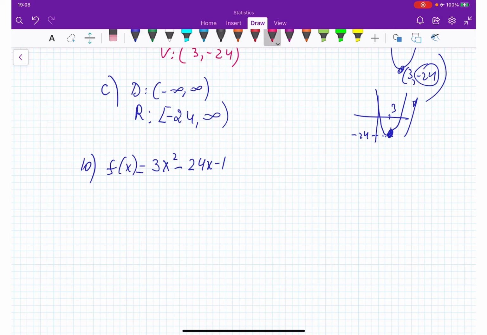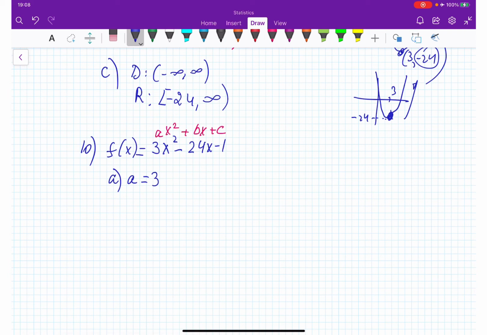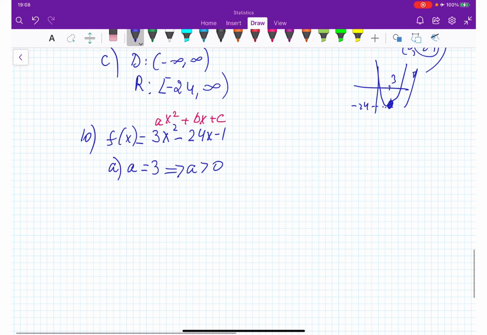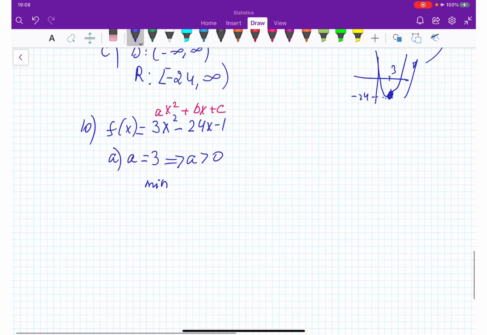So this is again ax squared plus bx plus c. So for the vertex, since a is positive, right? A is equal to 3 and it's positive, hence a is greater than 0. Therefore we have what? Minimum, right? The vertex is minimum.